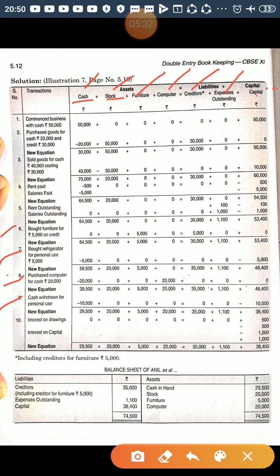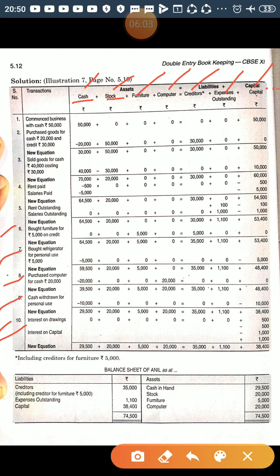Now next is cash withdrawn for personal use. This is again drawing of cash. Drawings will be adjusted from capital, and cash is already mentioned. And the last one is interest on drawings and interest on capital. We have discussed that interest on drawings is an income. So it will be added to the capital, and at the same time drawings are also involved, so drawings will be deducted from the capital.